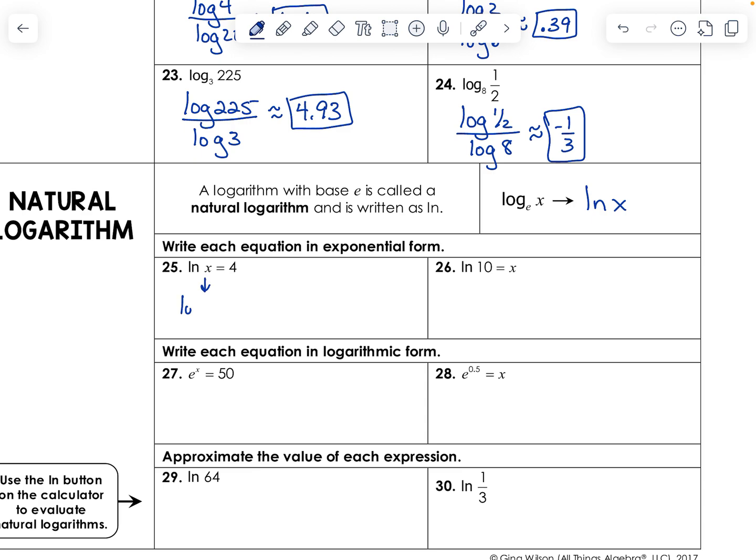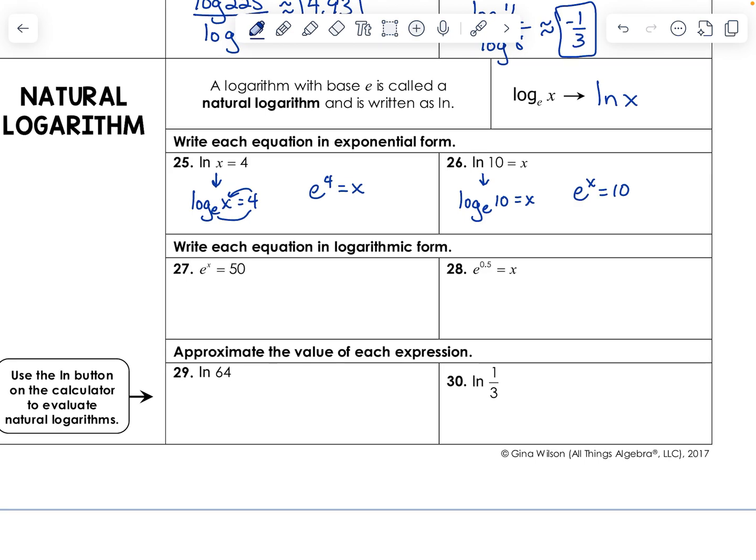Remember, this is the same thing as log base b of x equals 4, base e. So e to the 4th equals x. So again, here, ln 10 is the same thing as log base e of 10 equals x. So e to the x equals 10.